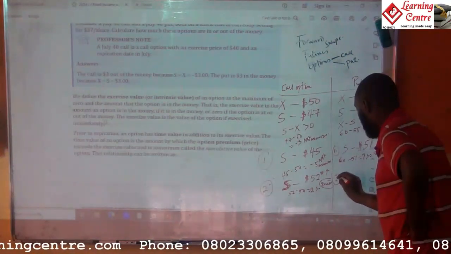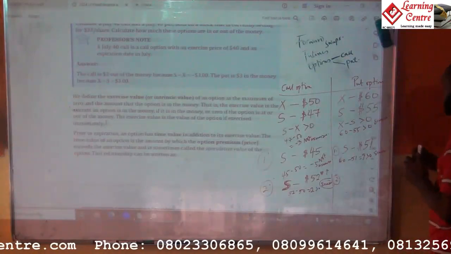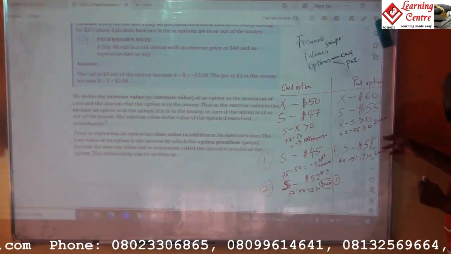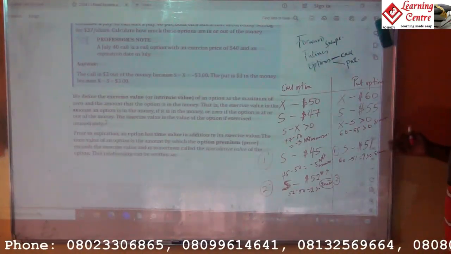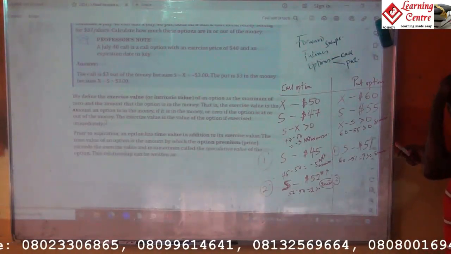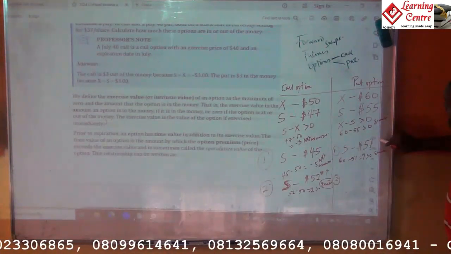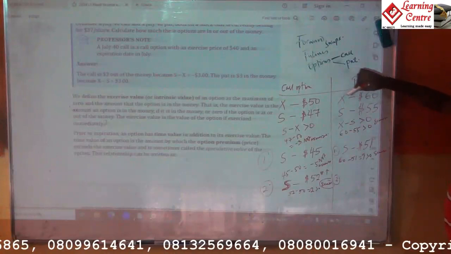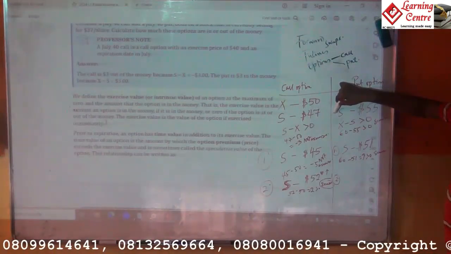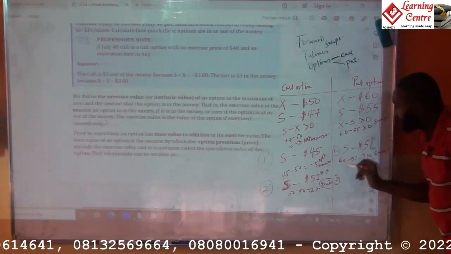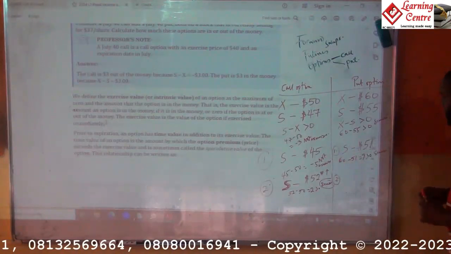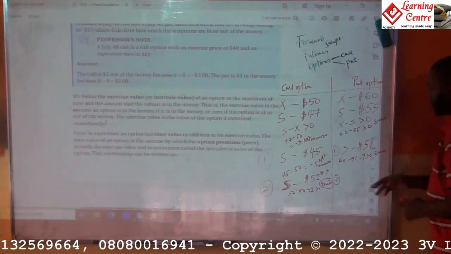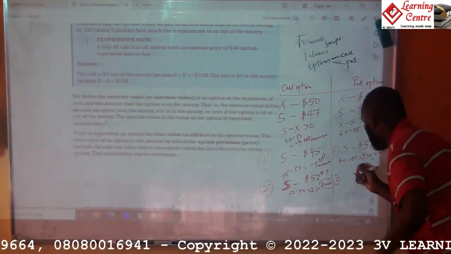Before I go to the second option, let's look at it. In this first option, what is the maximum thing that can happen? I'm exercising because my X price is greater than this. So the maximum thing that can happen here is this one. Let me do the second one so that we see.